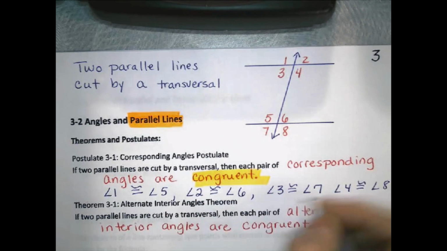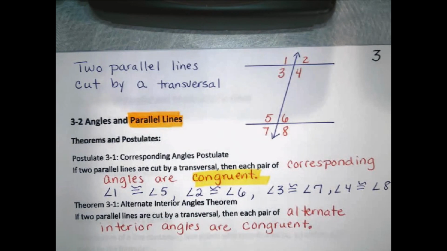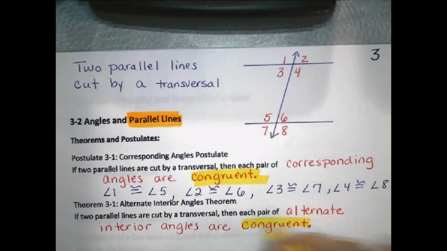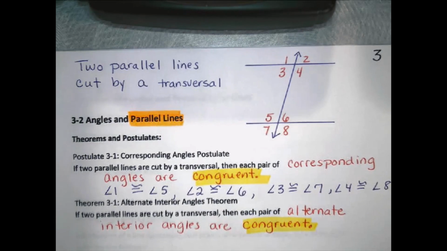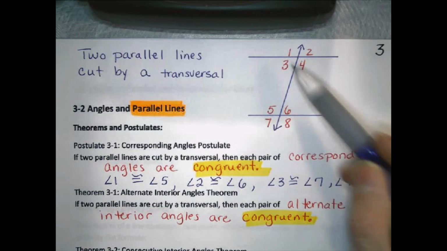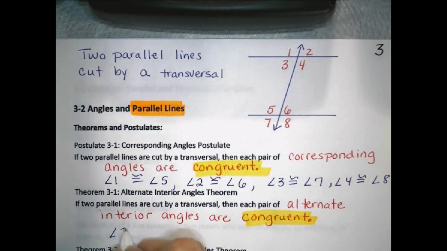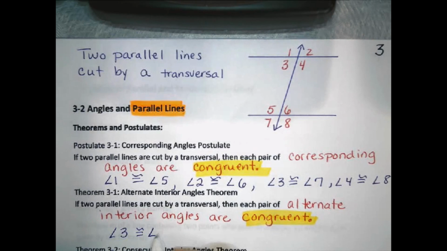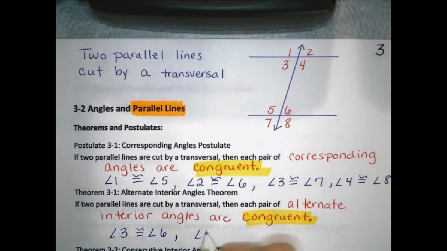Our next postulate says that alternate interior angles, if two parallel lines are cut by a transversal, then each pair of alternate interior angles are also congruent. And in our example above, this would pertain to the angles 3 and 6. So angle 3 is congruent to angle 6, and angle 4 is congruent to angle 5.